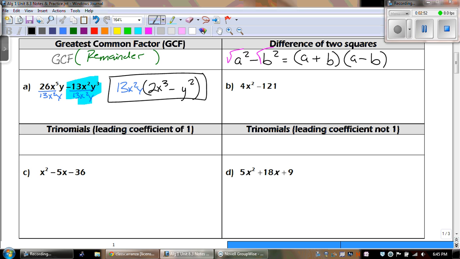Okay, so looking at b, that is a quadratic binomial, and we can take the square root of both of those. The square root of 4x squared would be 2x. One's a plus and one's a minus. And then the square root of 121 is 11. So that's where we get 2x plus 11 and 2x minus 11.